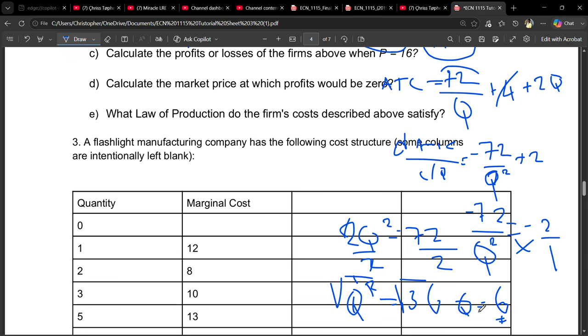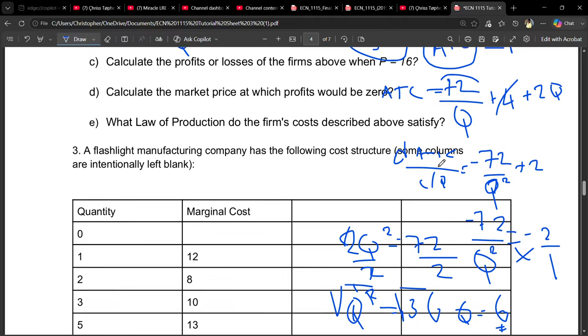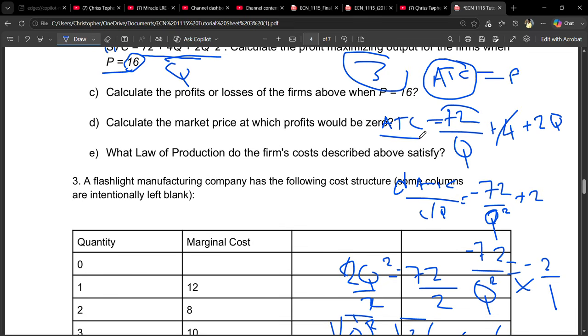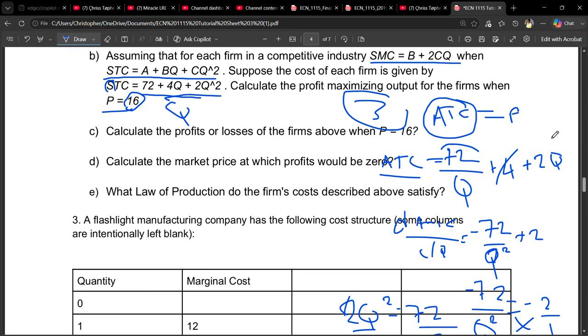So that quantity that we found to be 6, you just replace it in the average variable cost function that you found, when you just divided by q. You replace in this equation, and the answer that you find is your answer. Okay, I'll move on to another question.